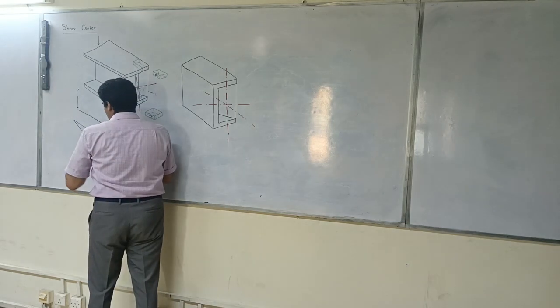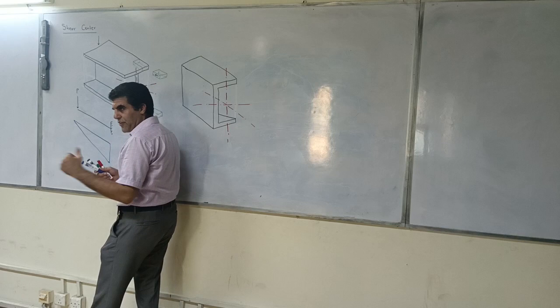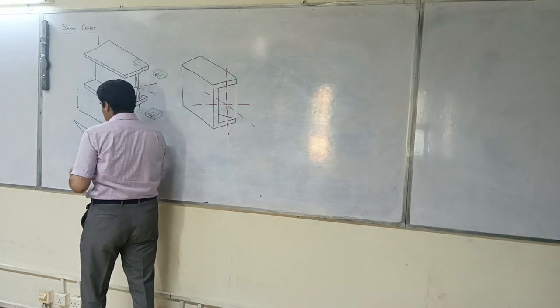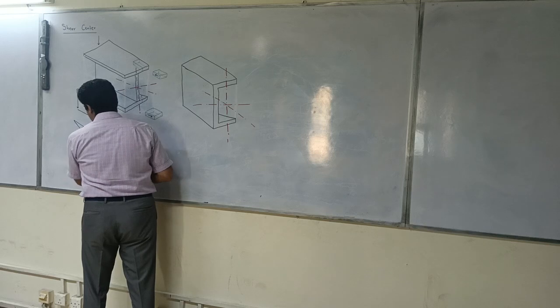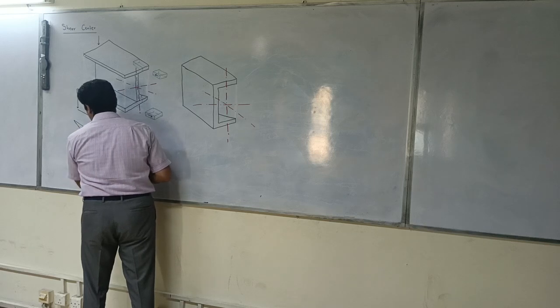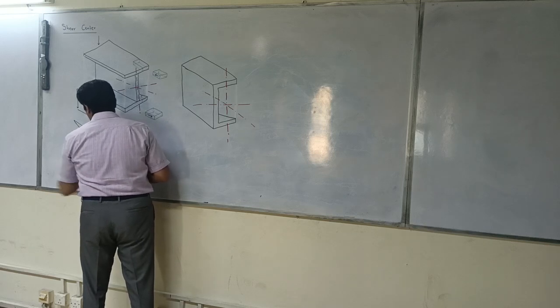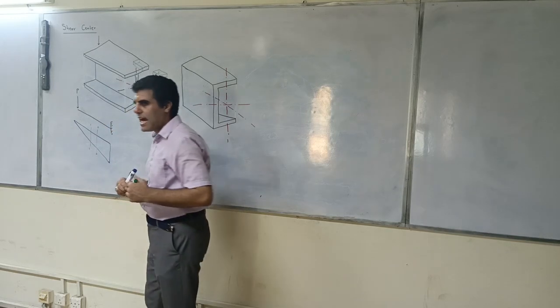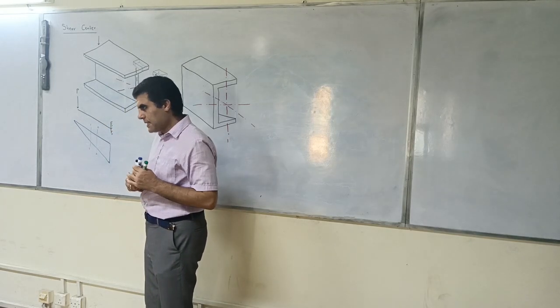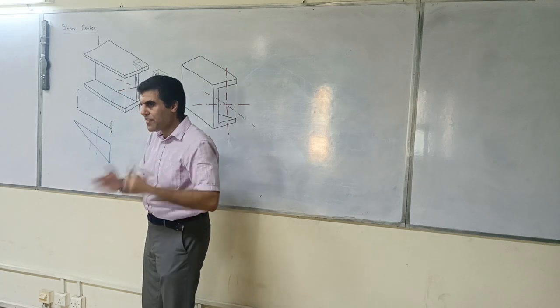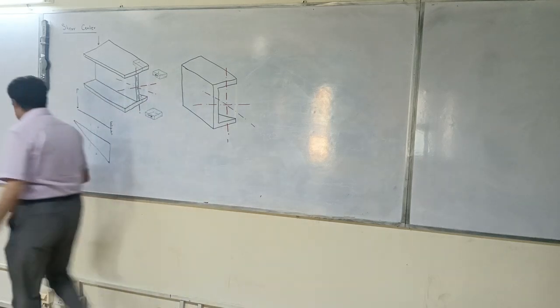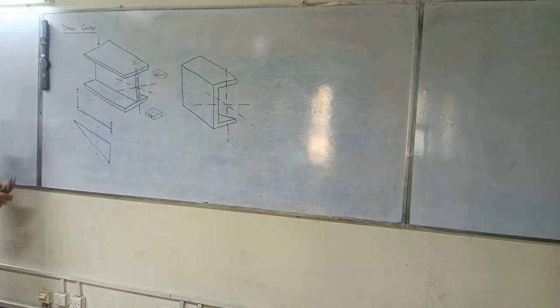So assume we take a section, any section. We take section 1-1 and 2-2. Now these two sections are at a finite distance apart, or, for argument's sake, let's say they are at a differential distance from each other.